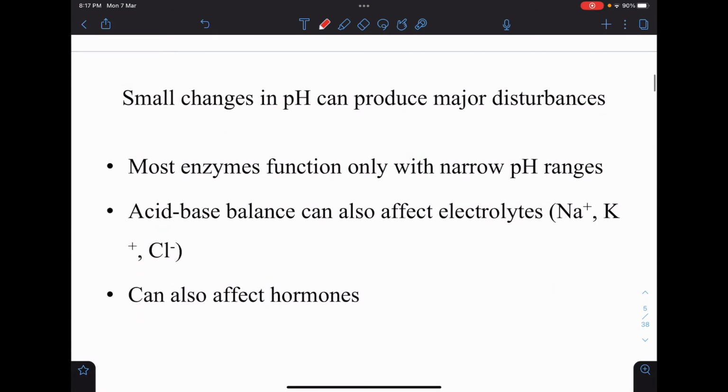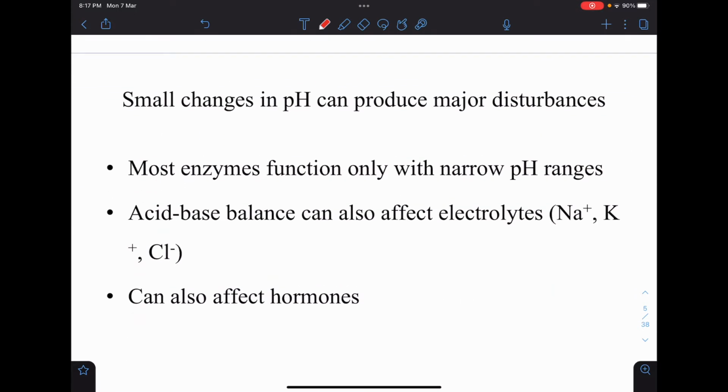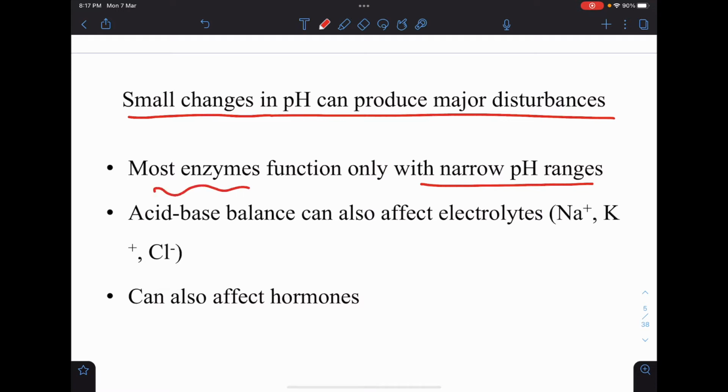Now, why is pH so important? Small changes in pH can produce major disturbances in our body. So pH has always to be maintained in a very narrow range, that is 7.35 to 7.45 for arterial blood. Most enzymes function only within a narrow pH range. So when the pH is increased or decreased, the enzymatic function becomes hampered.